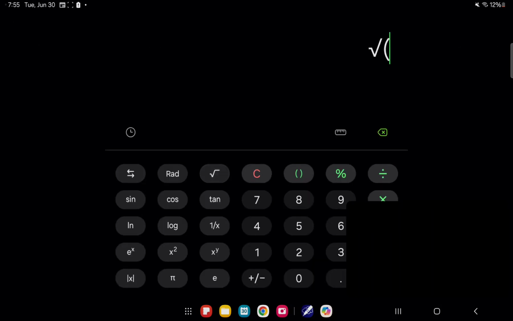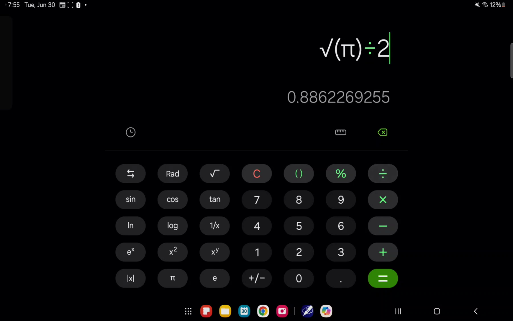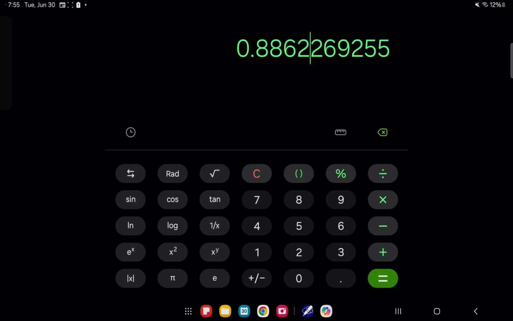Ignore that. Then press pi. Fractions are known as divisions. What's that black screen over here? And divide by 2. And the result is 0.88622. As I want approximately 3 to 4 decimals, 8862.